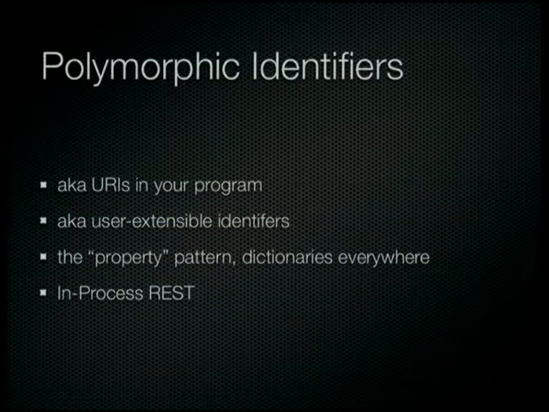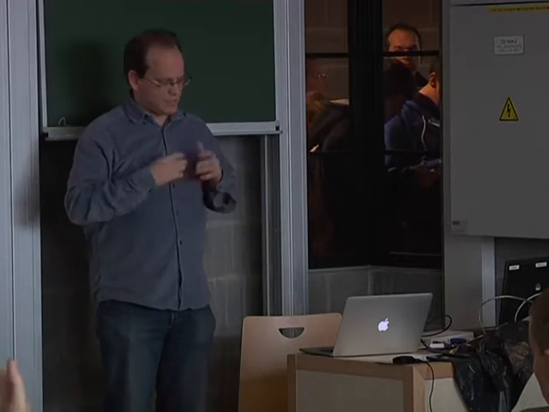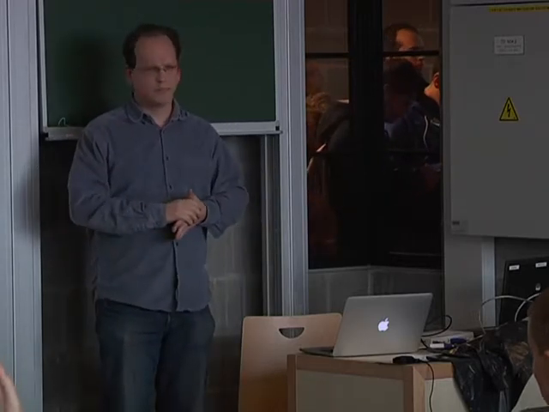One of the cornerstones of that, and it took me a while to figure this one out, is that you have to be able to name things properly. Before you can start messing with the other parts, you need to make naming flexible. And that's what polymorphic identifiers are all about.